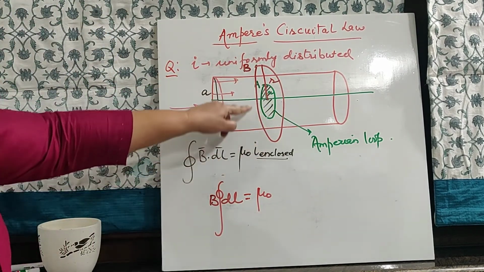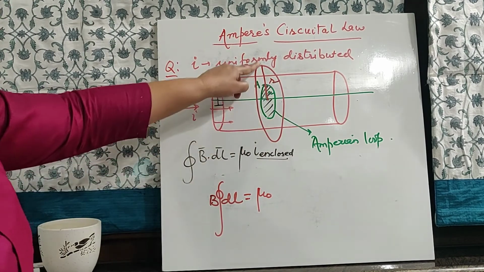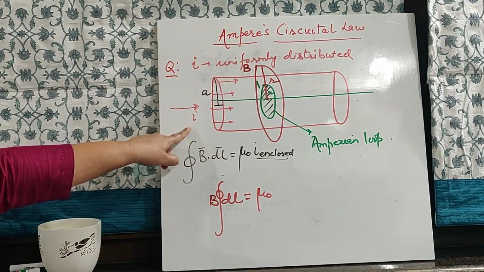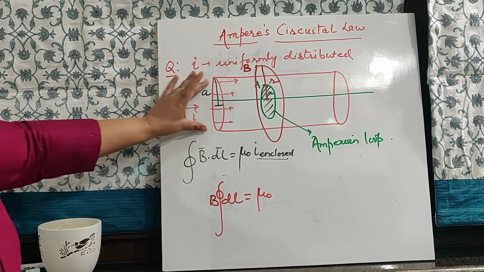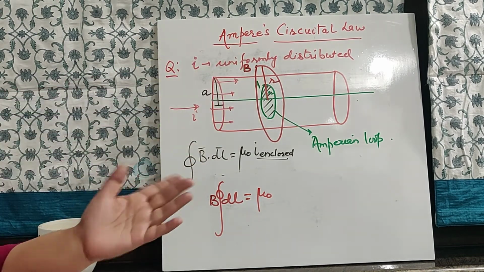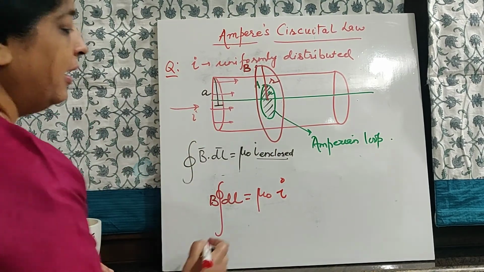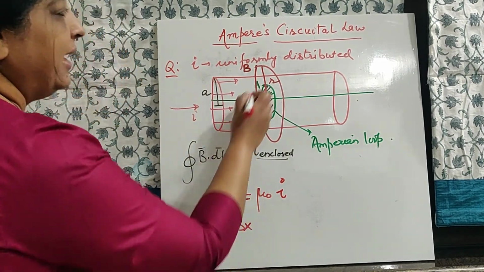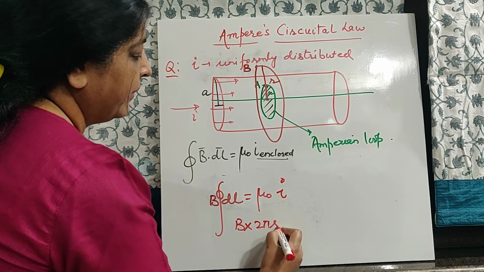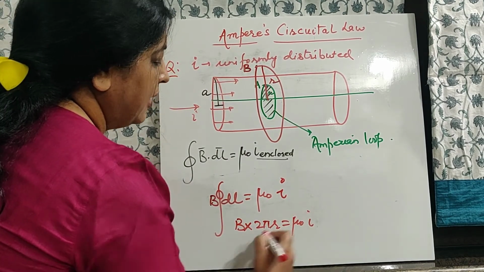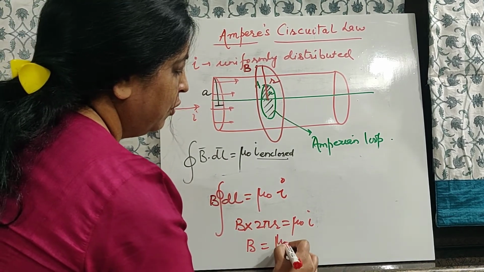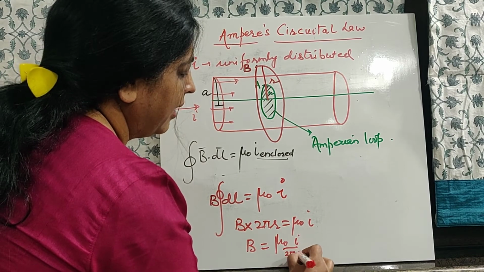For this Amperian loop, the current enclosed is the current I itself, because the whole current I is flowing through this loop. So we don't have to do anything. We will only write I total, which is flowing through the conductor. So B into, now dl is again 2 pi R, is equal to mu naught I. So B is equal to mu naught I divided by 2 pi R.